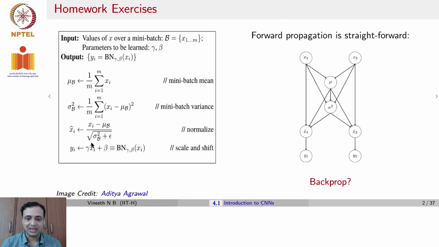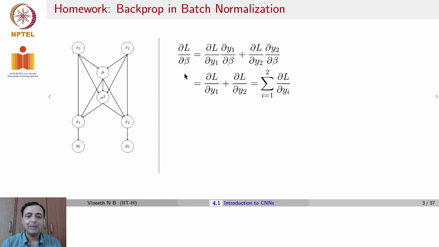Keeping that in mind, this is the main equation that you may want to keep in mind for the next few slides. So dou L by dou beta, you can assume that beta is almost an input into y. So you have this here, gamma times xi hat plus beta times 1 is what is y1.